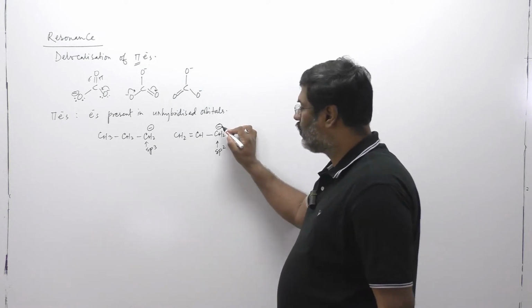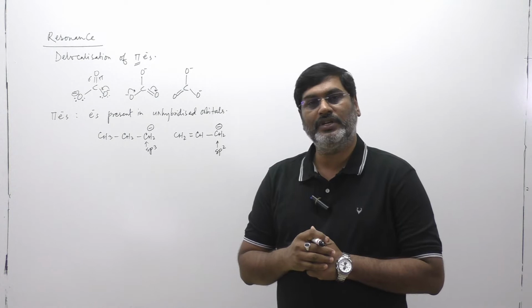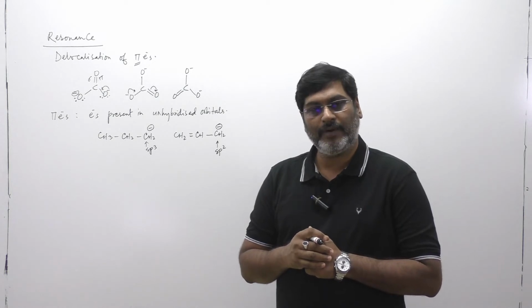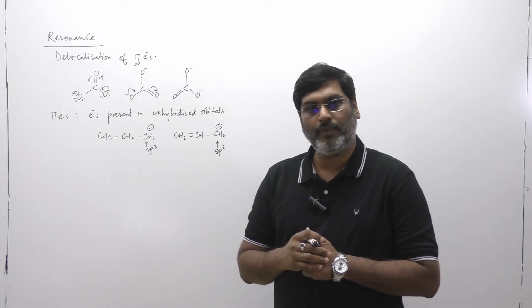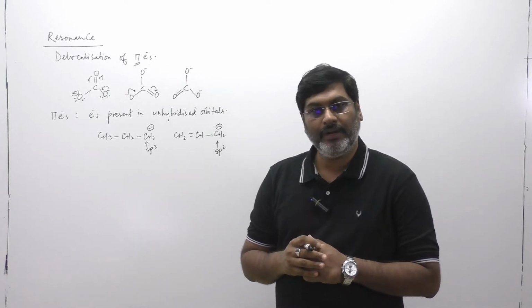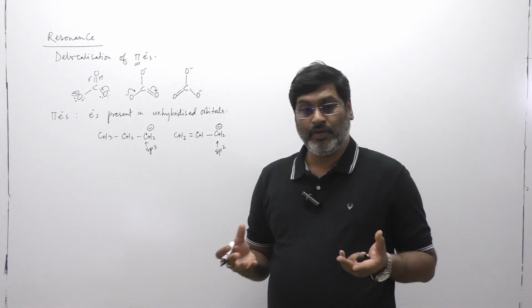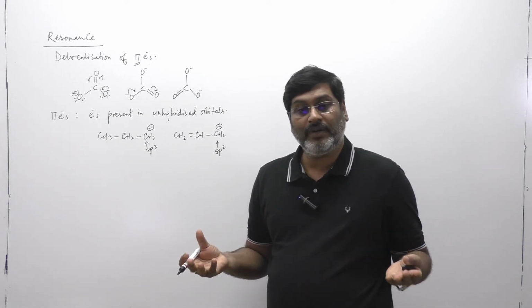What about this electron pair, the negative charge? That is present in an unhybridized pure p orbital. That is not participating in hybridization. Then you can ask, why is it not participating?